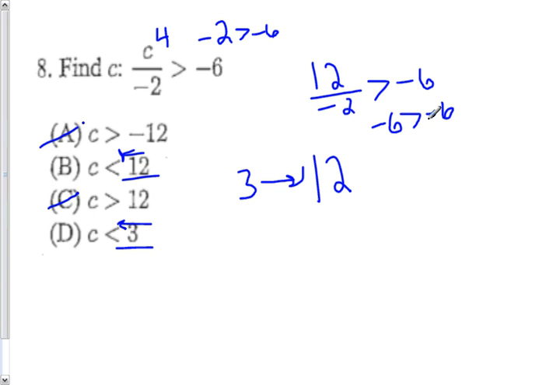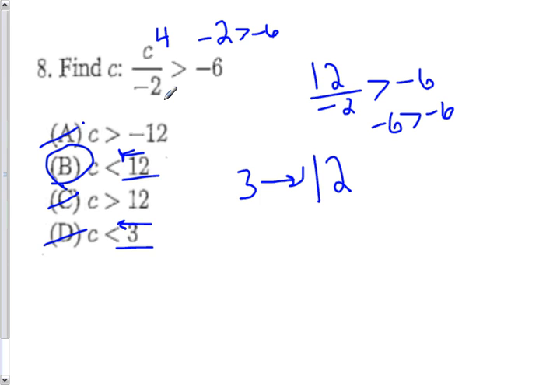Now this is not true, but remember, it doesn't say equal to here. We know at 12 it is equal to, so anything less than that is going to be greater than, as we did here with the 4. So we would then rule out D because 4 works, and 4 is greater than 3, but it's still less than 12. When we divided 12 by negative 2, we got a negative 6, so it needs to be something that's less than 12 that includes all of the negative numbers. So B would be our answer choice.